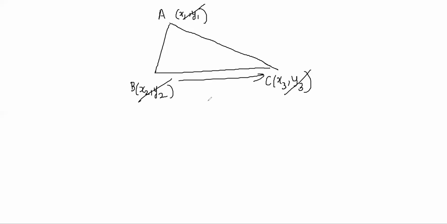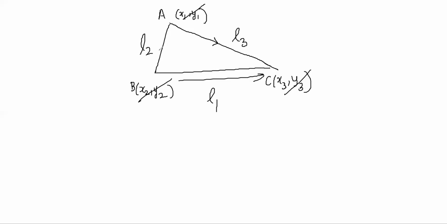Earlier we had done this question, no? A (x1, y1), B (x2, y2), and C (x3, y3). The points were given to us and we are finding altitudes, right? We are finding the orthocenter, no? So now suppose instead of this, points were not given to you, right? And suppose equation of BC was given L1, equation of AB was given L2, and equation of AC was given L3.